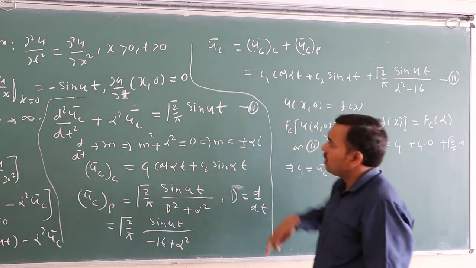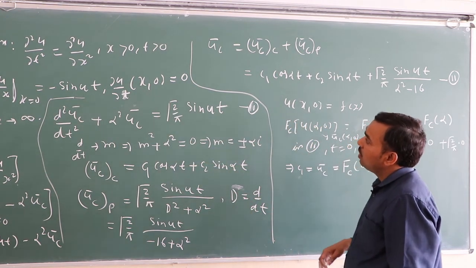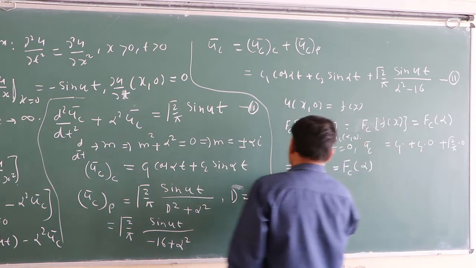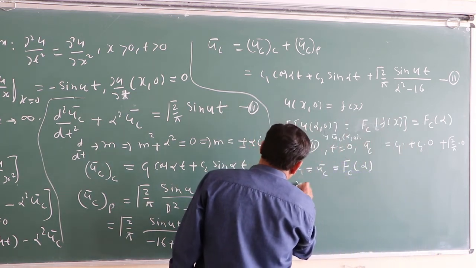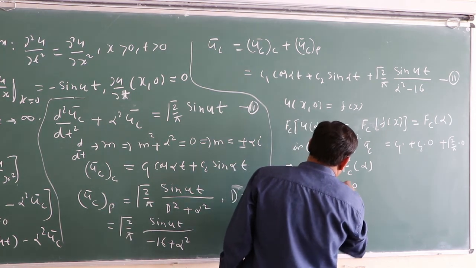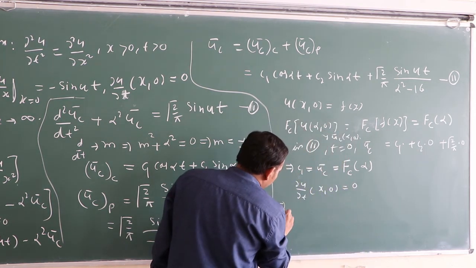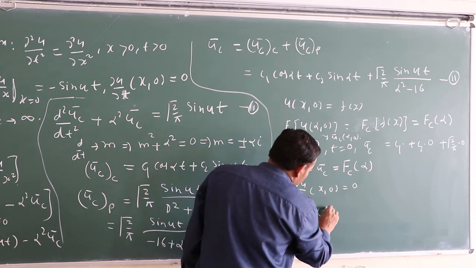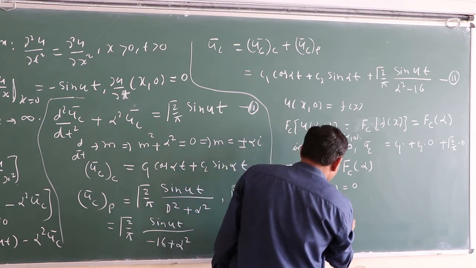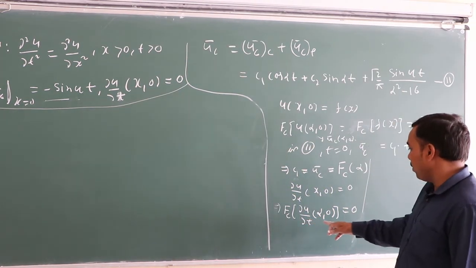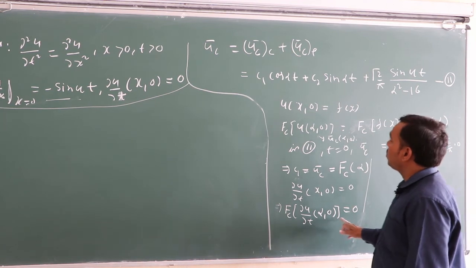One more condition is given: del u upon del t at (x, 0) equal to 0. Applying the Fourier cosine transform on this, we get del u_c upon del t at (alpha, 0) equal to 0.